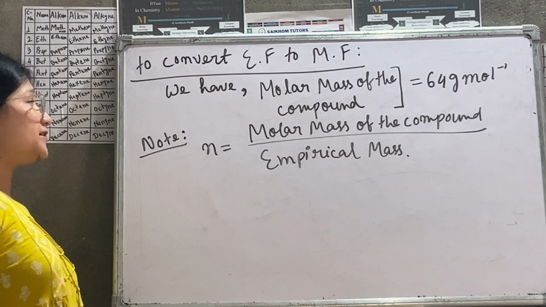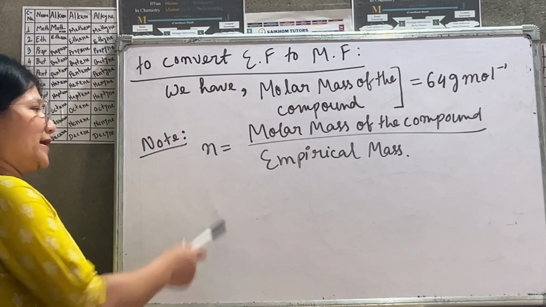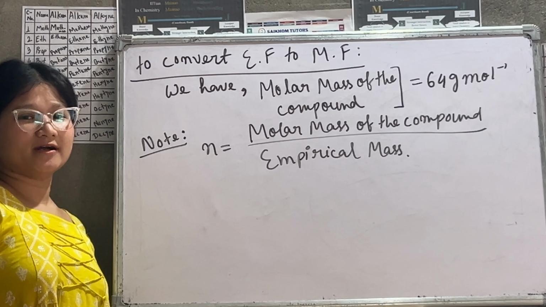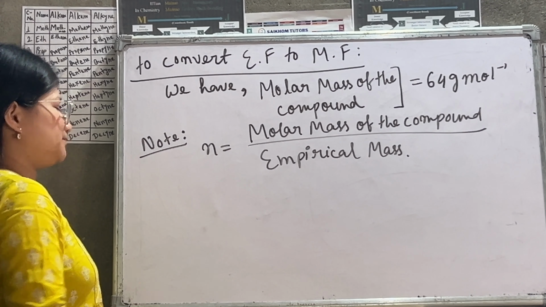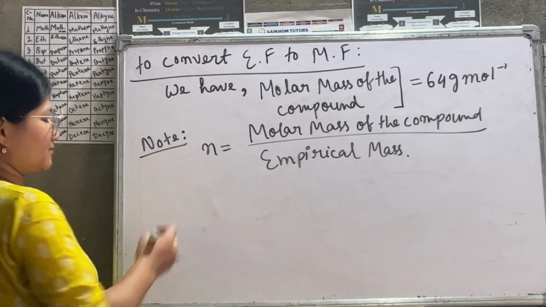So to convert the empirical formula to the molecular formula, you need to calculate this small n, where the formula is molar mass of the compound divided by empirical mass. So let's calculate the empirical mass.